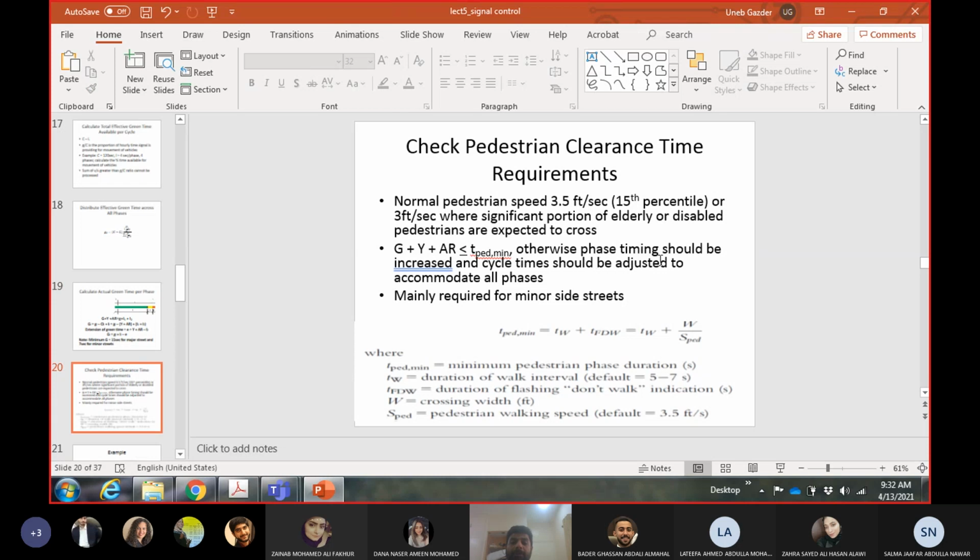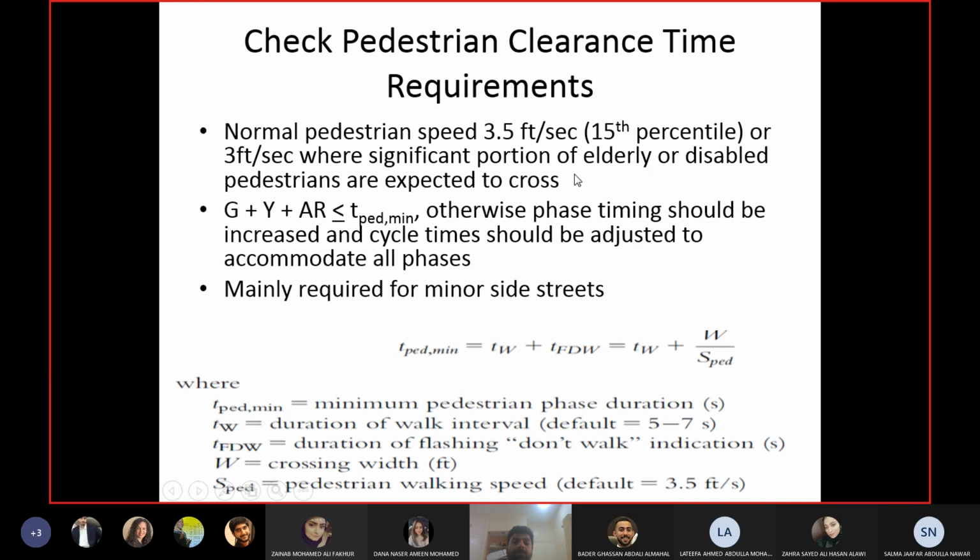Then you check for pedestrian timing. We assume the pedestrian speed to be 3.5 feet per second, which is the 15th percentile speed. So 85% of pedestrians are going at more than this value, and we are on the safer side.